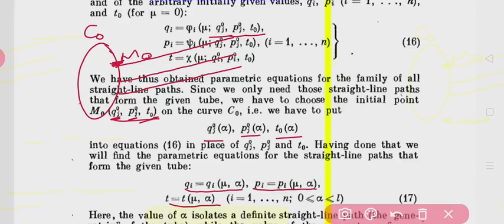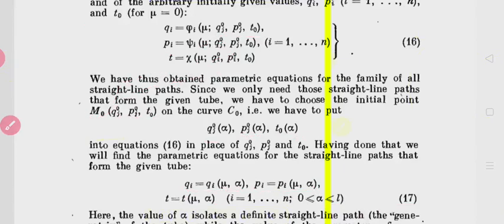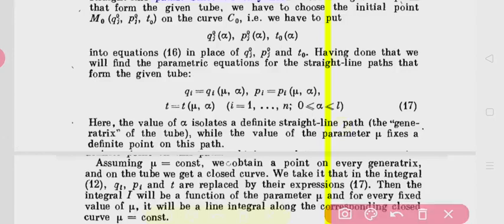So what are mu and alpha here? Suppose C naught and alpha is a definite straight line path. For some value of alpha you will get some straight line path, this one, suppose. And mu is a fixed, definite point on this path.